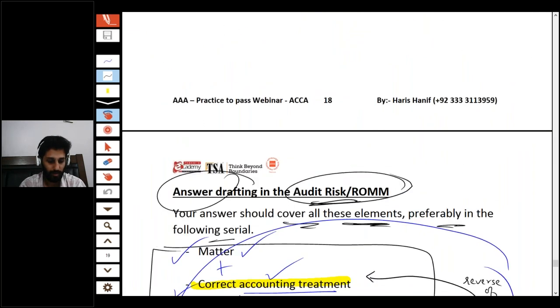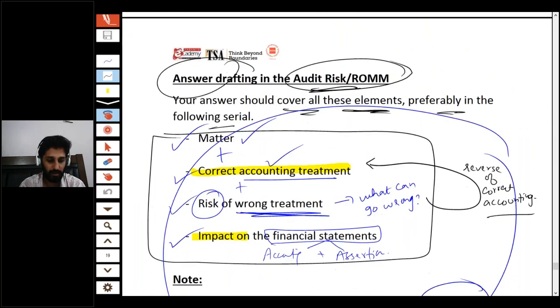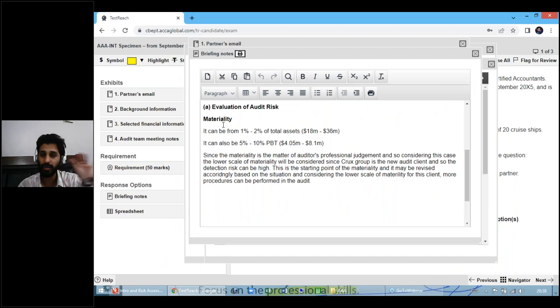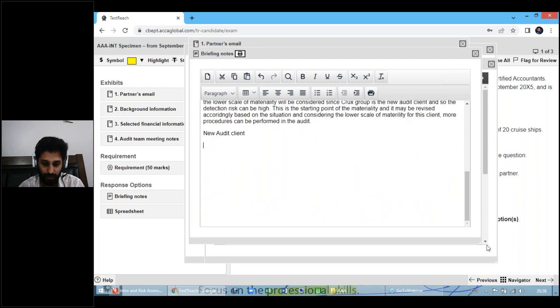So let's now go to the answer on this ACCA practice platform. I had written down about the materiality, since it is our new client, and so I am writing here new audit client.